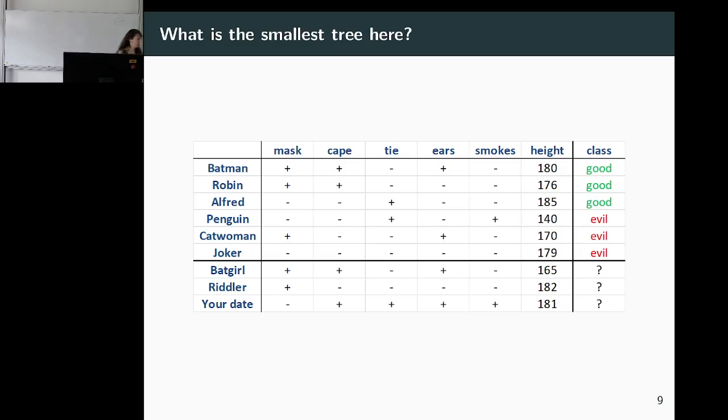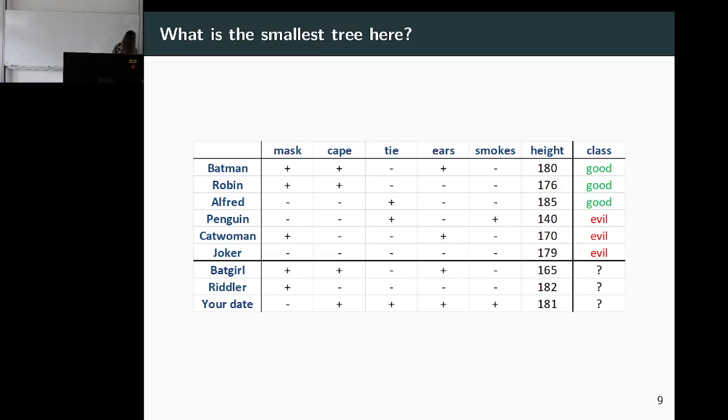I think this doesn't work. Okay, so cape, yes or no, and then afterwards, if it's yes, if he or she wears a tie. So when I go to yes, then tie, and then yes or no.